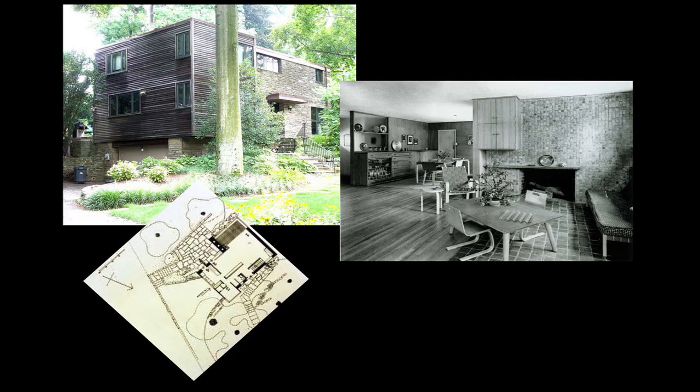Not creating separate interior areas with walls, but rather using the flooring pattern to distinguish the different areas of the house. A whole variety of ways in which this really speaks about Aalto's influence on Kahn.